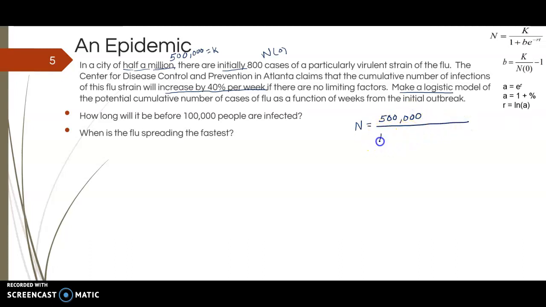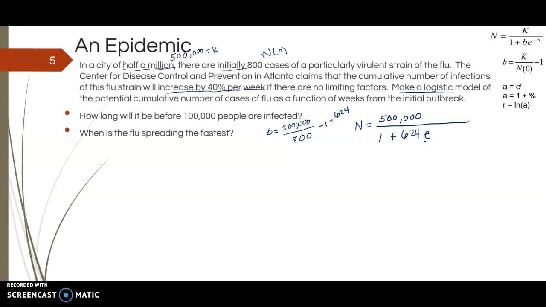In the denominator we have 1 plus, and the next thing that we encounter is B. And the formula for B is to take K. So off to the side here, B equals 500,000 divided by the starting amount, which we noticed was 800, and then subtract 1. I have done this on my calculator ahead of time, and I get 624 for that number. So in my equation, B is 624.